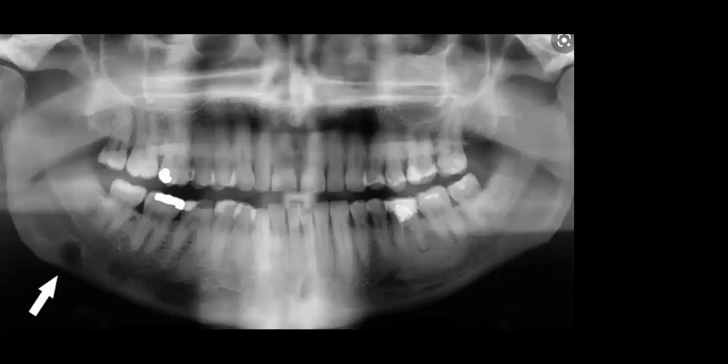And the next thing we shall discuss, this topic is well known to you, I think. This is also a frequently asked question in the NEET exam. Here the arrow mark is pointed. See, what is this? It is nothing but the Stafne bone cyst. I think you are aware of this.